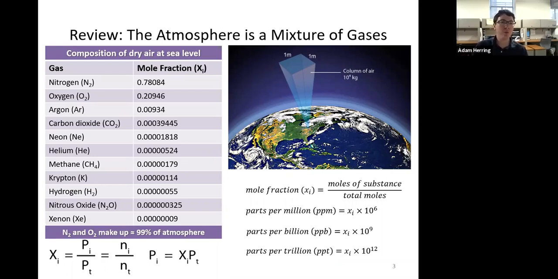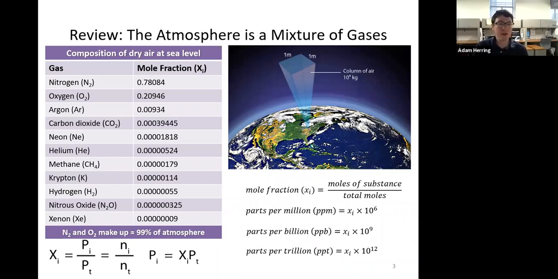There's a very small proportion of the other gases, of argon and carbon dioxide, methane, etc. Because for those gases, there's a very small proportion, instead of talking about the percent that they occupy, we will tend to use the units of concentration of parts per million, parts per billion, or even parts per trillion.